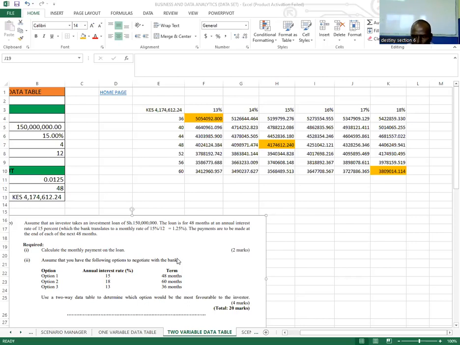David, I can see maybe unasoma ukitembea. David, Mutunga, are we really together? The question says use two-way data table to determine which option would be the most favorable to the investor. Which option, students?